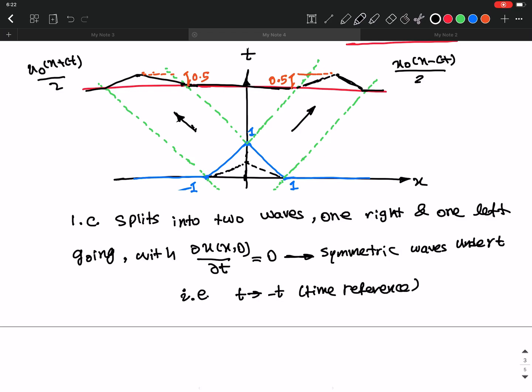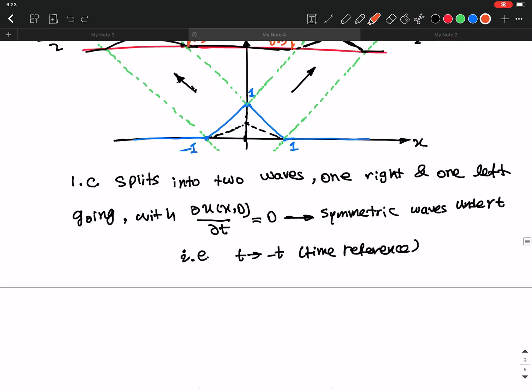As you see here, we have this symmetry, right? So the left and right waves are symmetric. This condition occurs when du/dt is equal to 0 for this equation, okay?